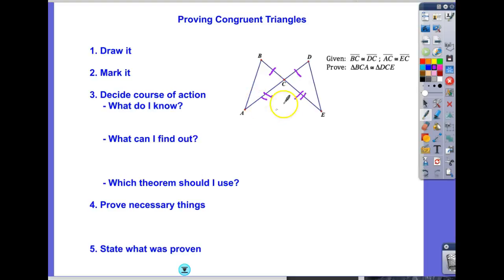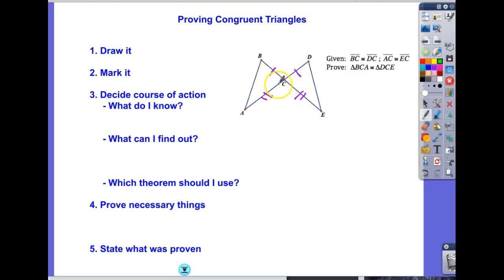Well, if I look through here, I should look for things that I recognize. I don't know if this is a midpoint or anything. This is the only thing that's given to me. So the one place my mind goes right now is that these are intersecting lines. What do I know about intersecting lines?